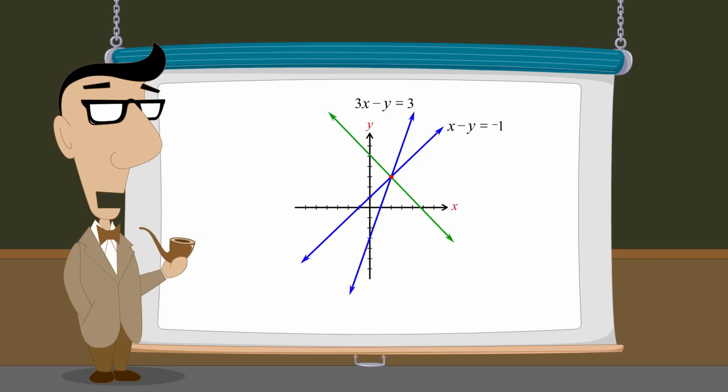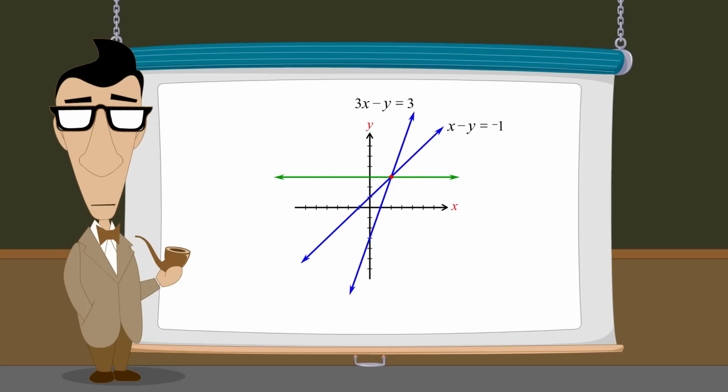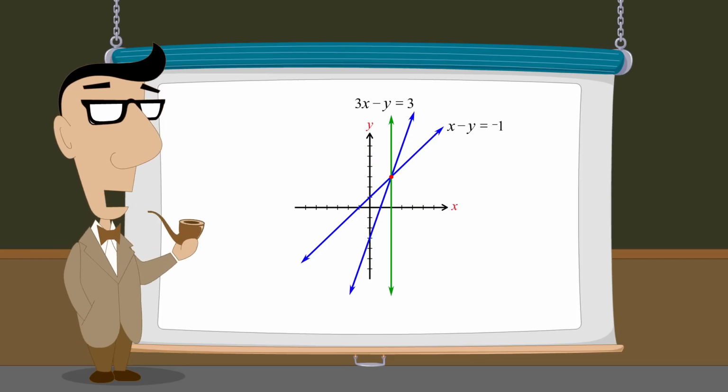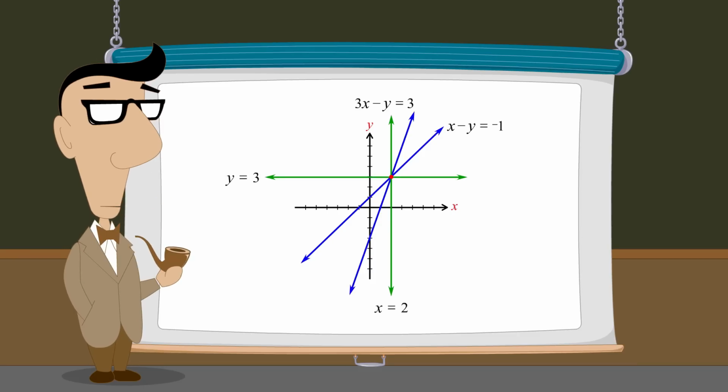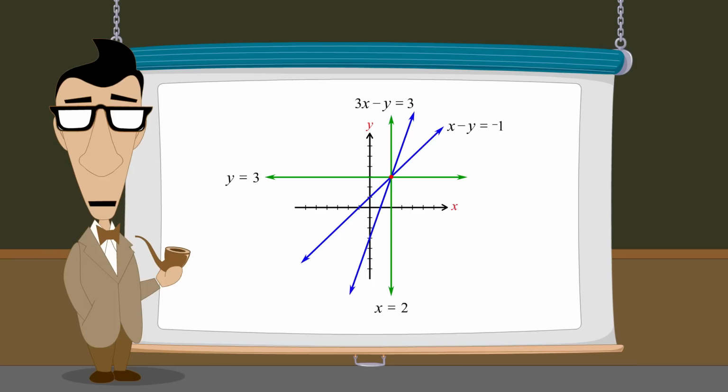So when we choose constants which cause a variable to be eliminated, we are actually choosing constants which cause the resulting line to be rotated to either a horizontal or vertical position. The resulting equation then tells us the value of the x-coordinate or y-coordinate of the intersection point, and thus the common solution of the equations.